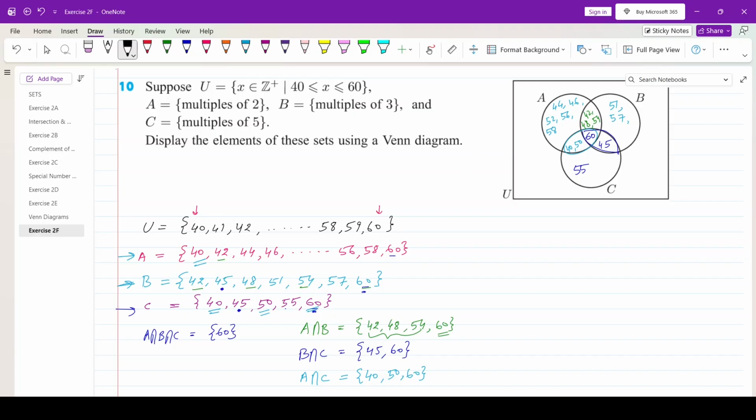So our universal set starts from 40. 40 we have written, 41 no, so 41 will come, 42 is here, 43 will come, 44, 45, 46, 47 will come, 48 is here, 49 will come, 50, 51, 52, 53 will come, 54 is here, 55 is here, 56 is here, 57 is here, 58 is here, 59 will come, and 60 is here.